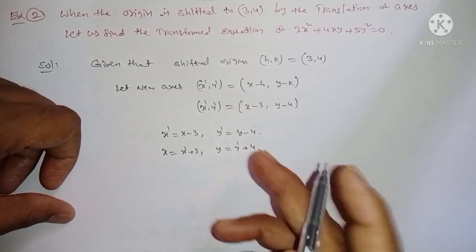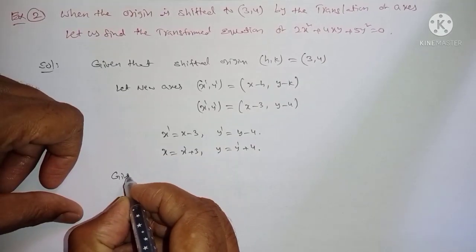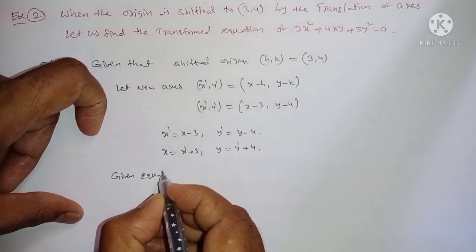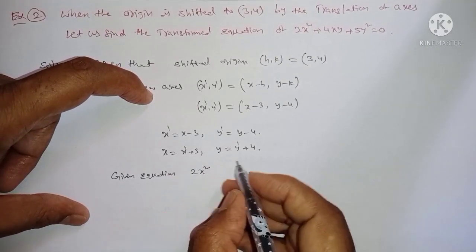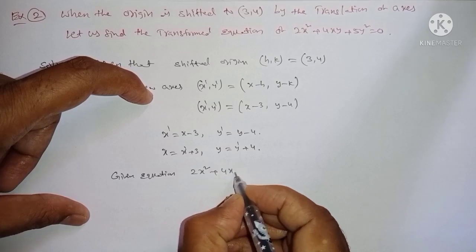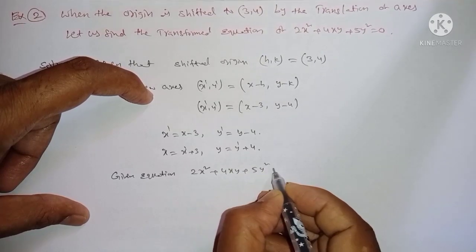Therefore, the given equation is 2x² + 4xy + 5y² = 0.